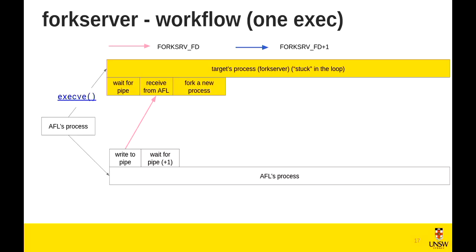Later you will know why it is called a fork server. This target process will fork a new process here. The parent process will continue running as the fork server logic, and the child process will exit the fork server loop and resume its normal execution.